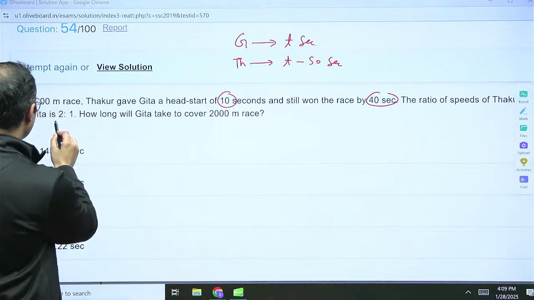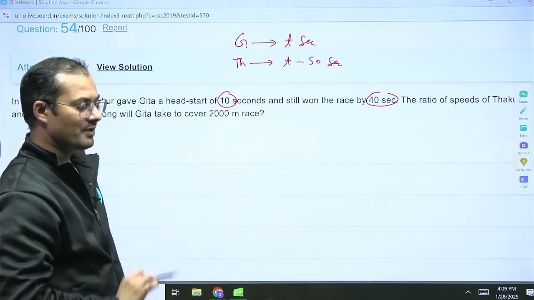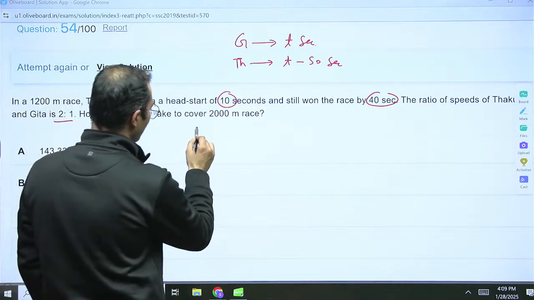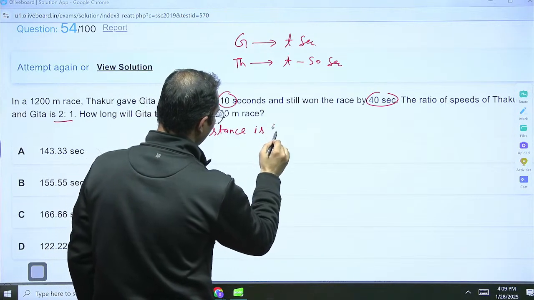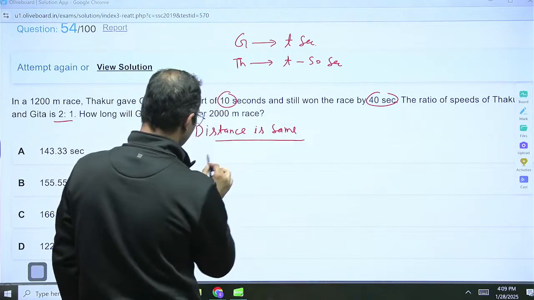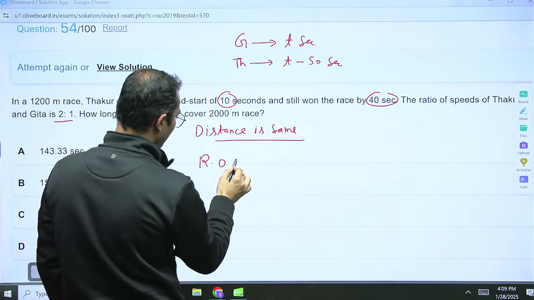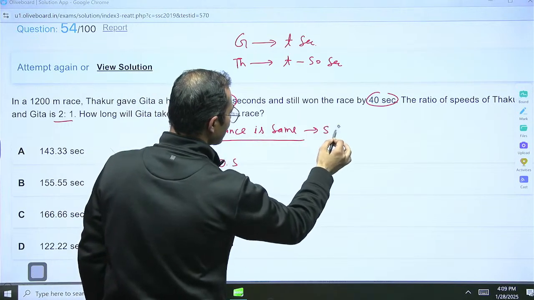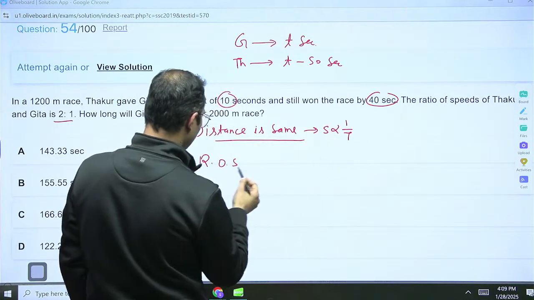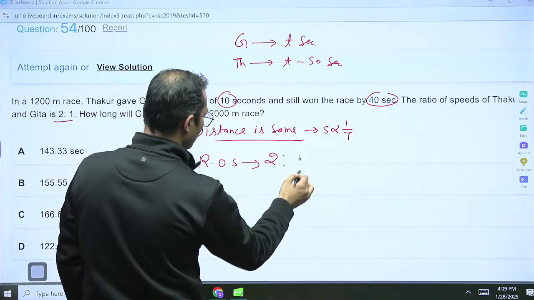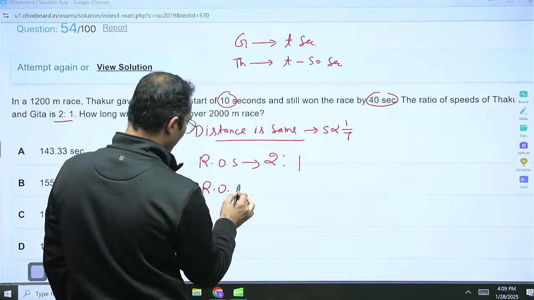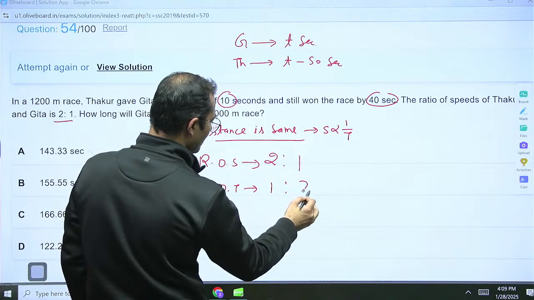We know that both are running the same race, so the distance is the same. When the distance is the same, speed is inversely proportional to time. So the ratio of speed is 2:1, and the ratio of time becomes 1:2.